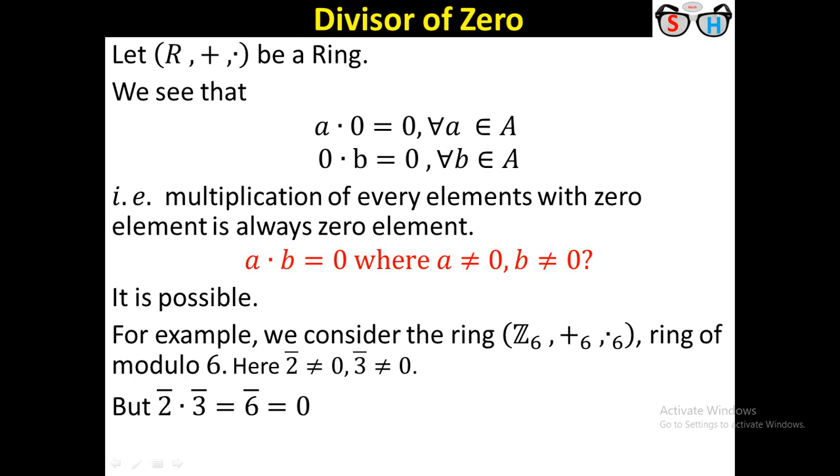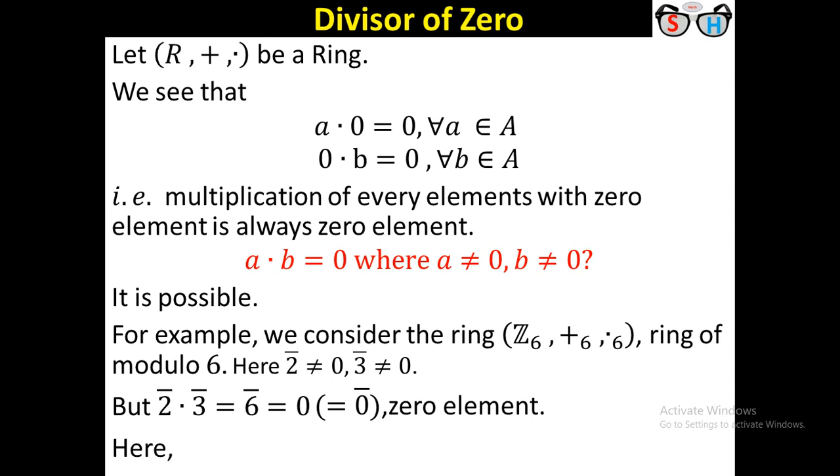Since the ring is Z6, you divide 6 by 6 and the remainder is 0, therefore this is 0 bar. Here 0 bar is the 0 element of the ring, so I write 0. You see that the product of two non-zero elements is the 0 element.